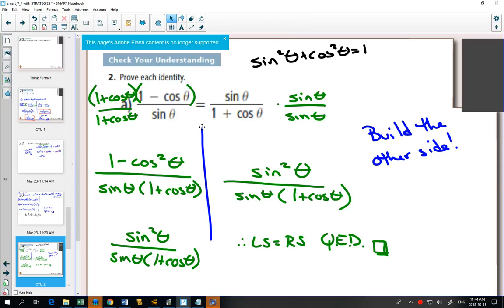So even though 1 minus cos squared equals sine squared is not on your formula sheet, because it's a simple mental math thing to move something to the other side, you're allowed to do that in one step. The rule of thumb is that if you have to do two or more mental math things in your head, then you should show them. But if you only have to do one mental math thing from a formula, you wouldn't have to show it. Does that make sense?